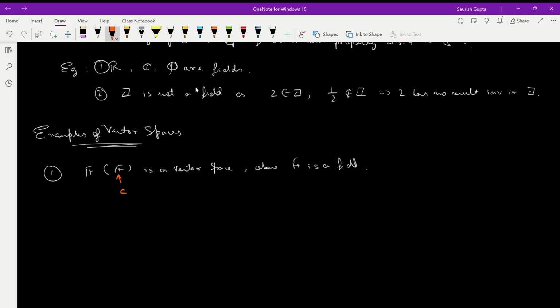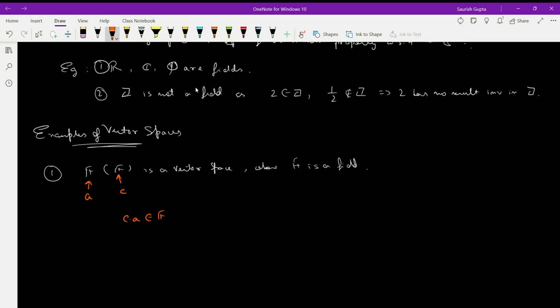Further, since you are choosing elements from this F, say c, and you choose an element a from F, then ca will obviously belong to F, because this scalar multiplication is nothing but the usual multiplicative operation inside a field.